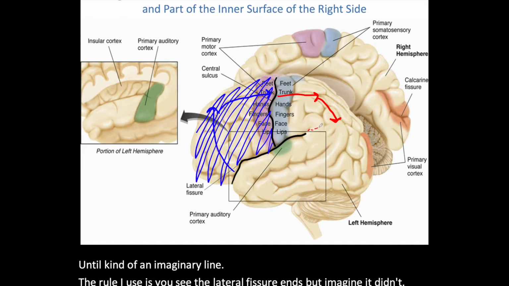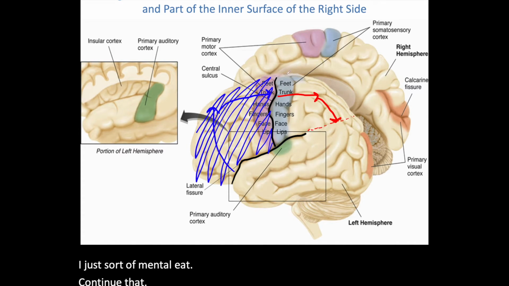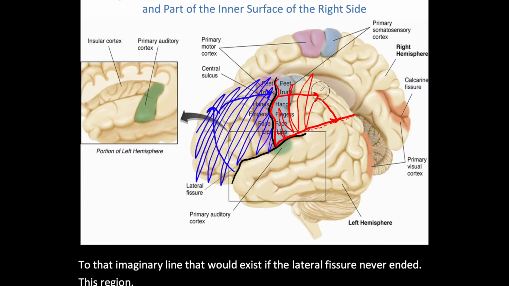And just sort of mentally continue that. And this zone stretching from the central sulcus to that imaginary line that would exist if the lateral fissure never ended. This region is all the parietal lobe.